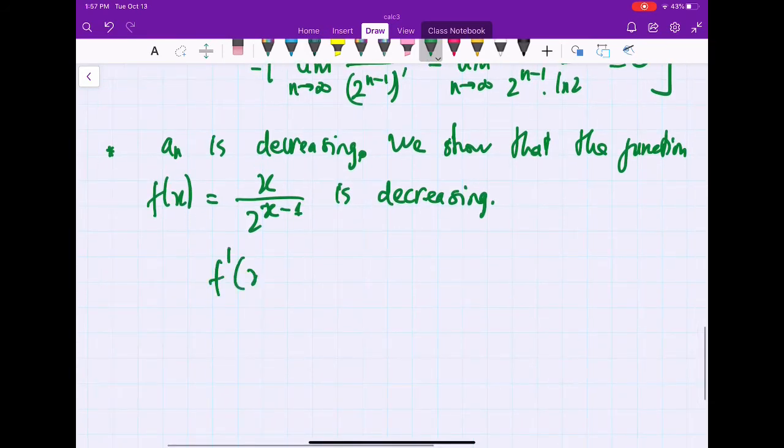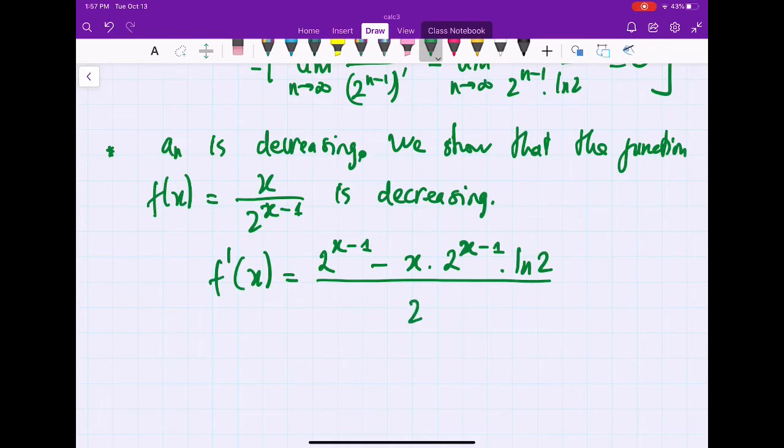Let's differentiate the function. You use the quotient rule. I have x prime is 1, so I have 2^(x-1) minus x times 2^(x-1) times ln 2, divided by (2^(x-1)) squared.